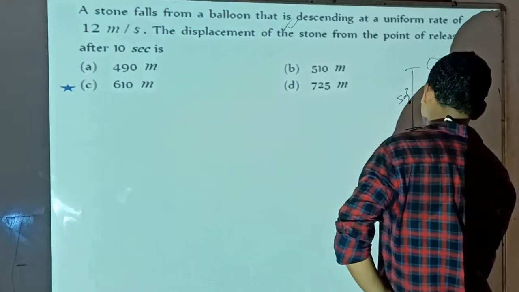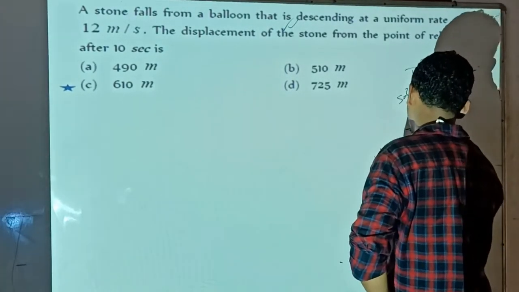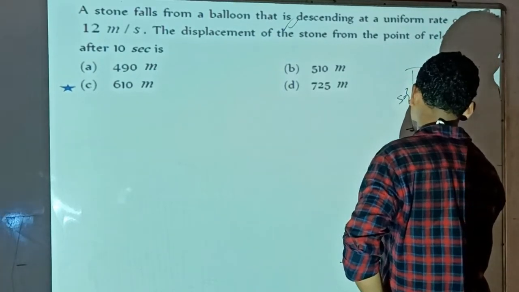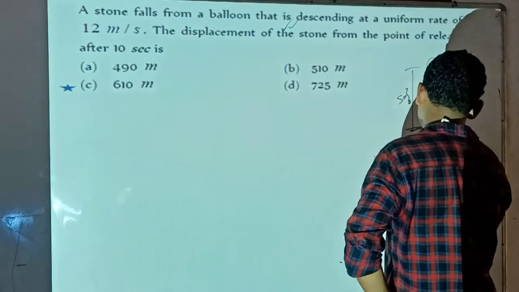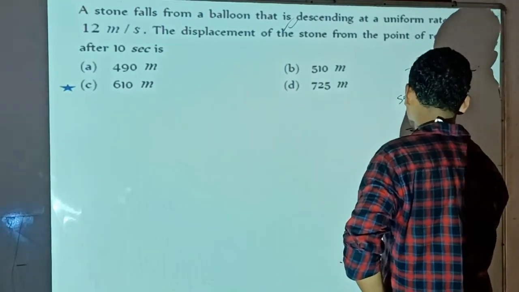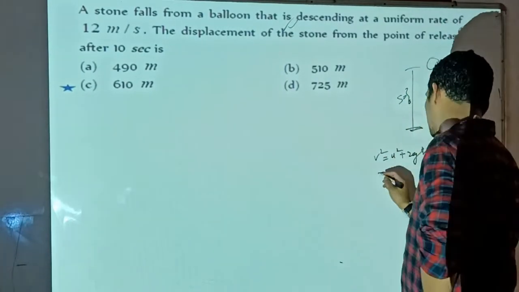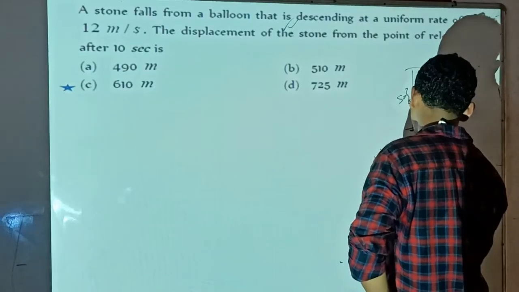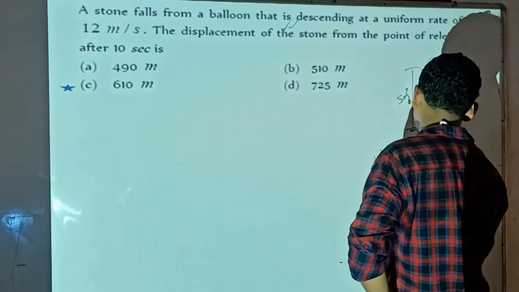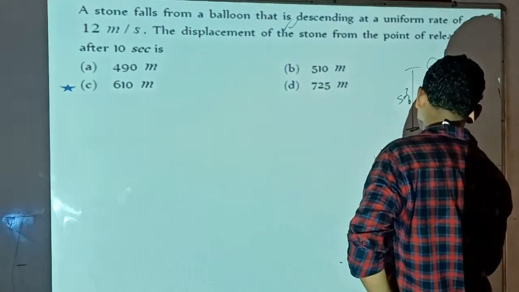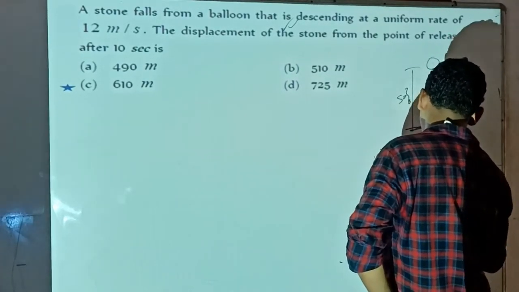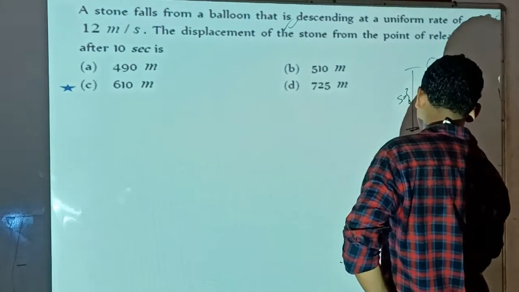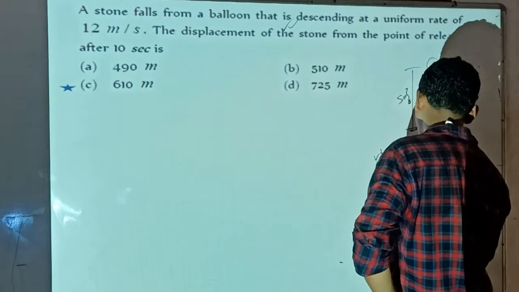For this you have the equation v square is equal to u square plus twice gs, twice gh suppose. Since final velocity will be 0, u square is equal to 2gh, or u will be root over 2gh.